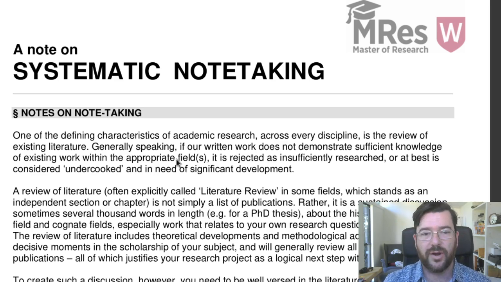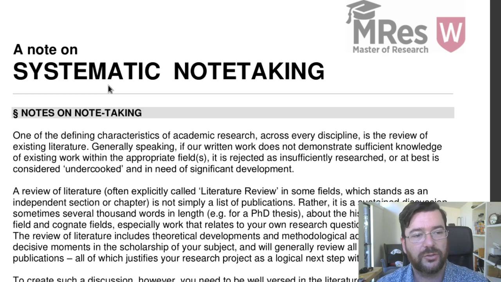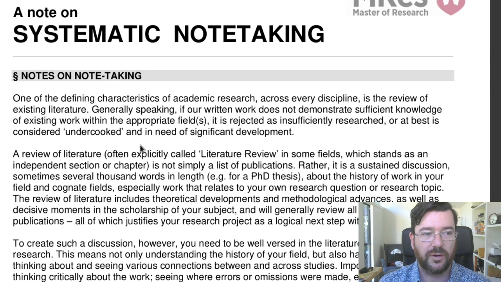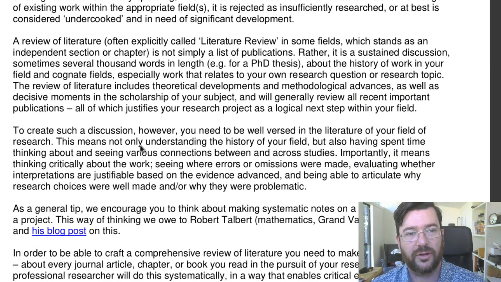So I'm not going to read it here. I've added to this recently, but I'll make this available for you. Essentially, I go over at the start why we want to make notes and why we want to think about making notes on literature.